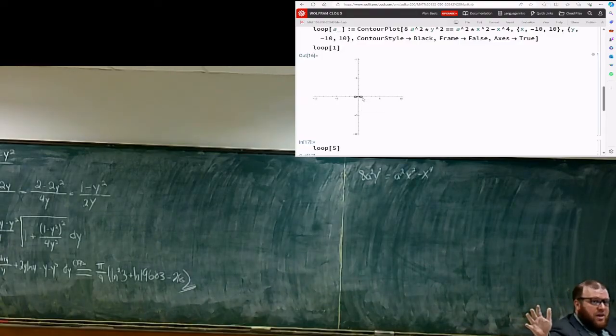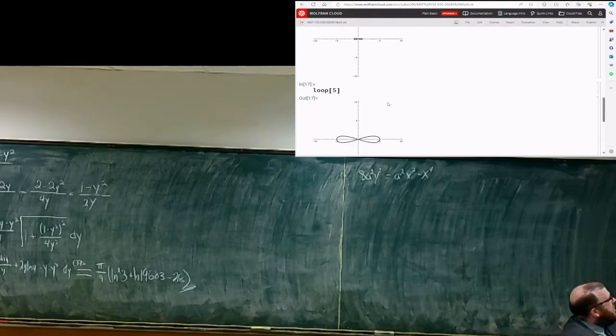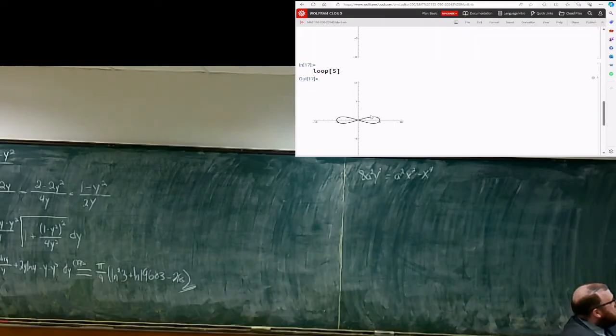It goes from minus A to positive A. Since I'm only going to do a quarter of it, I only need to worry about this part here, 0 to A. And it doesn't matter which loop I choose, because it's going to give you the same thing. So that's why, without loss of generality, I can take the right half.